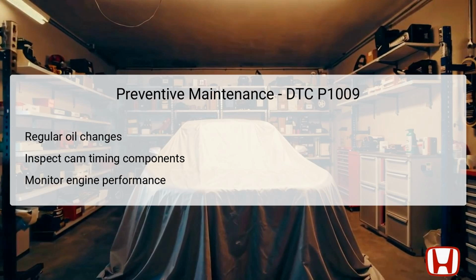Additionally, keeping track of overall engine performance through diagnostics can help catch any irregular behavior early. By being proactive with maintenance and addressing any related issues as they arise, you can greatly enhance the longevity of the VTC system and ensure smooth engine operation.